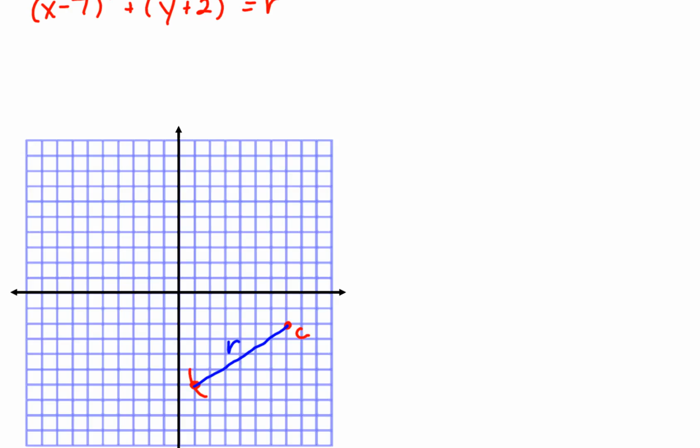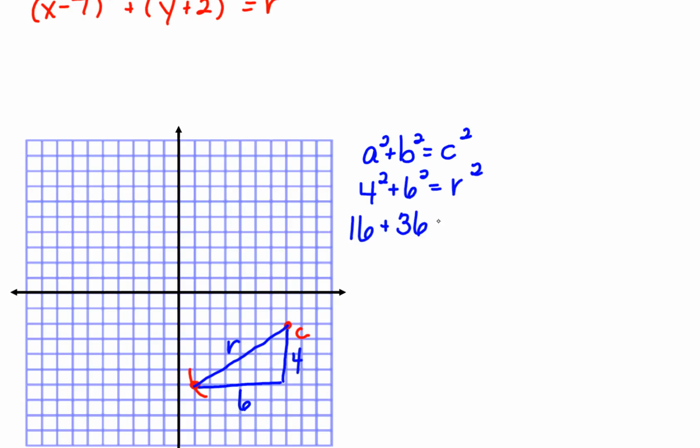Once I know I have a radius, I can find the length of that radius by using the Pythagorean theorem. So this side is 4, and this side is 6, so I'm going to substitute those in. a squared plus b squared equals c squared. 4 squared plus 6 squared is equal to my radius squared. 4 squared is 16. 6 squared is 36. And if I add those together, I get 52 is equal to r squared.